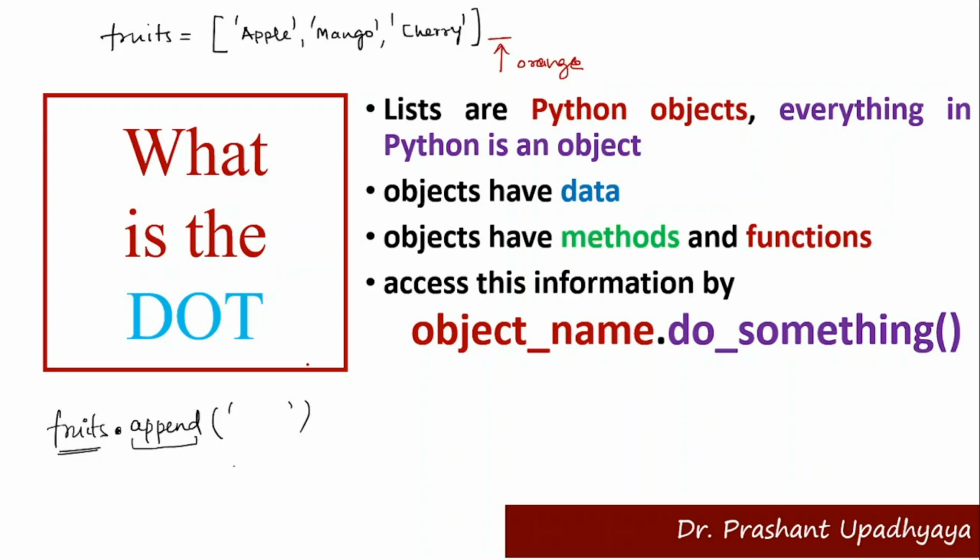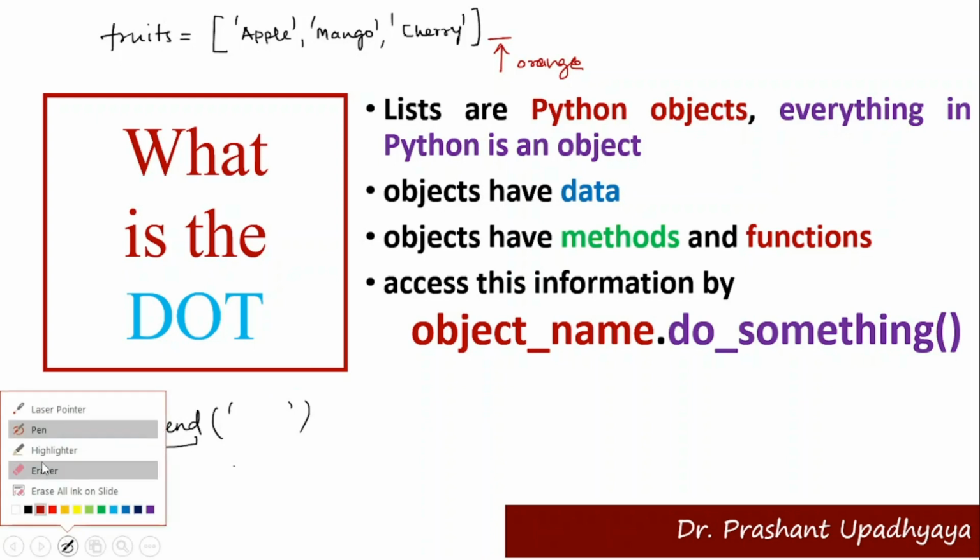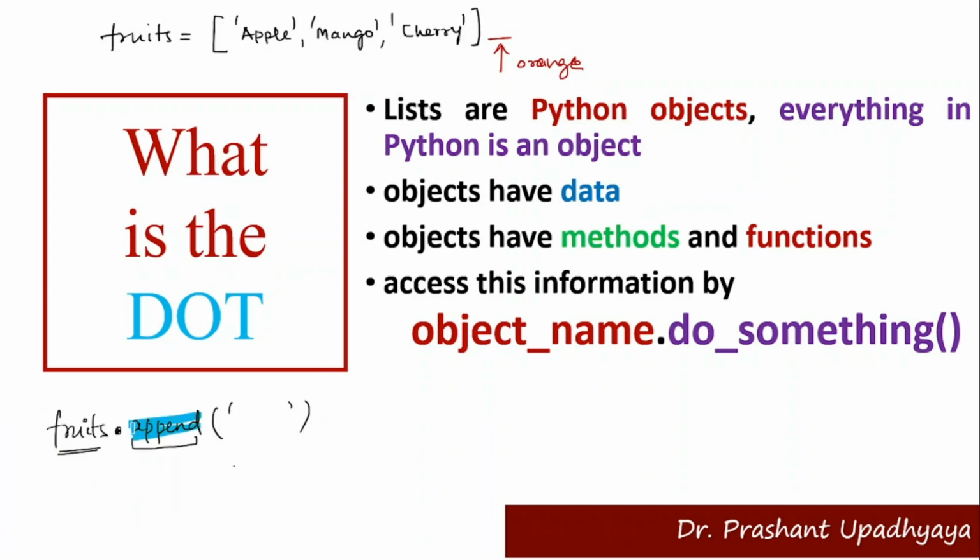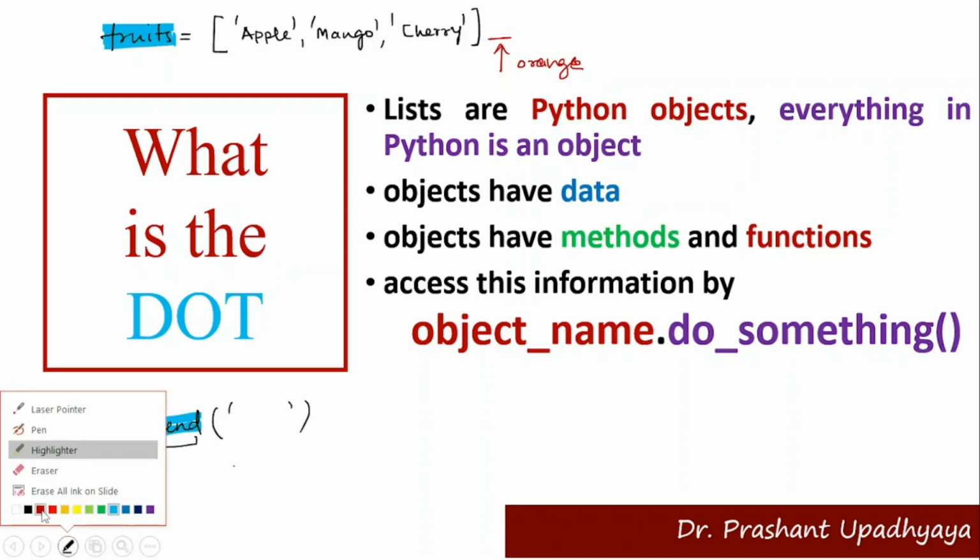So how will I insert it? I have to use a function, and the function name is append. My object name is fruits, and I'm telling my object to perform a certain task: do the append operation, and in the append operation write orange.